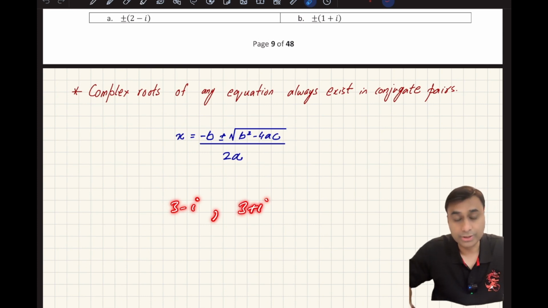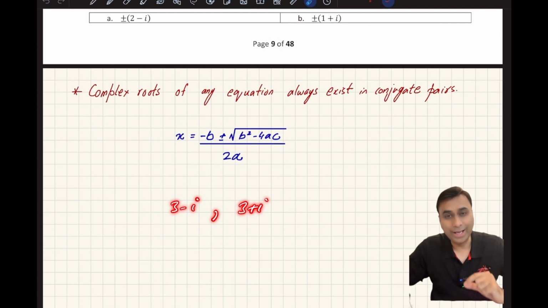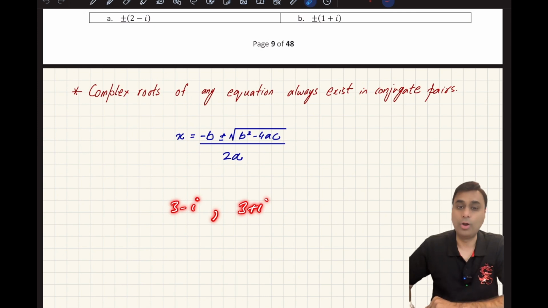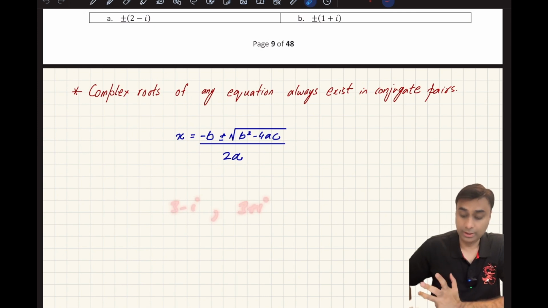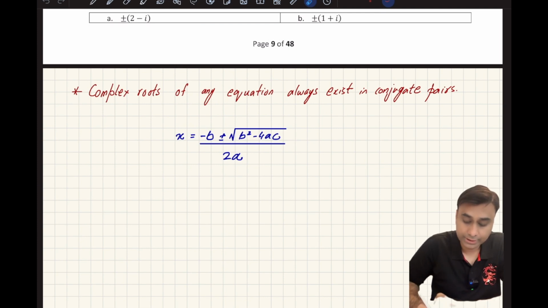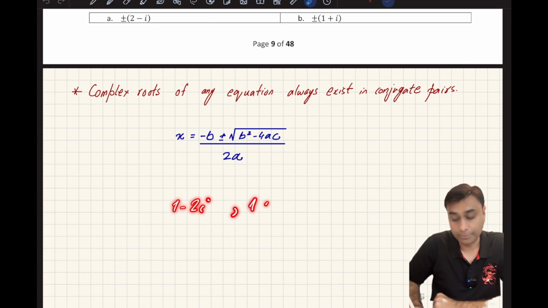Since a cubic equation must have three roots, the next root must be real, because complex roots can only exist in conjugate pairs, so if you have only one root left, that cannot be complex. Similarly, if you have a quartic equation and you know that one of the roots is 1 minus 2 iota, then the other root would be 1 plus 2 iota.